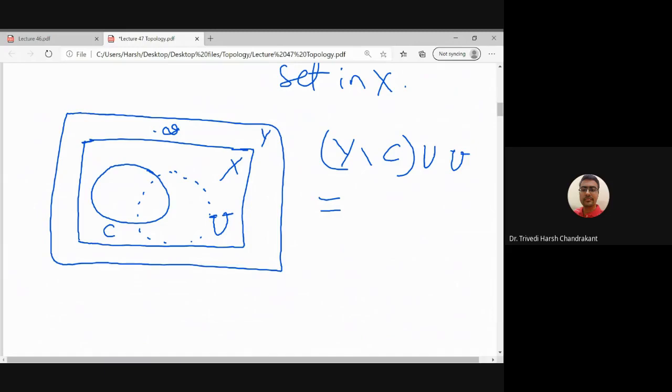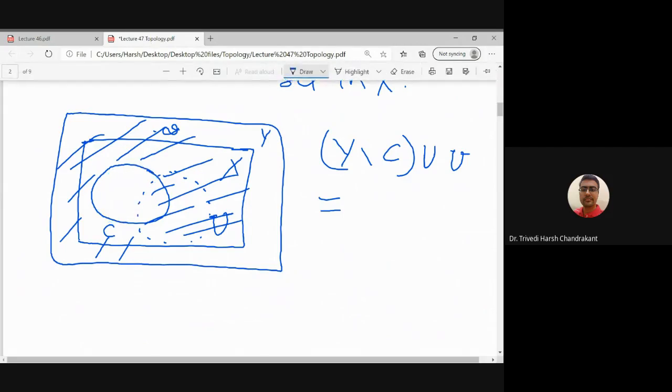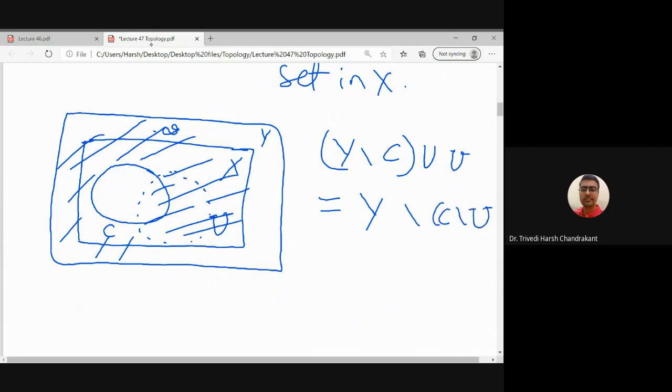So this will basically be all the points, except this particular part. This set we can rewrite using set theory as Y minus (C minus U).